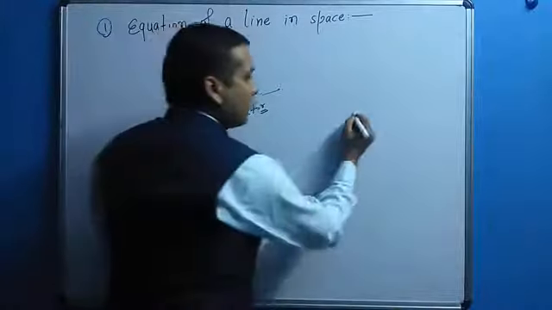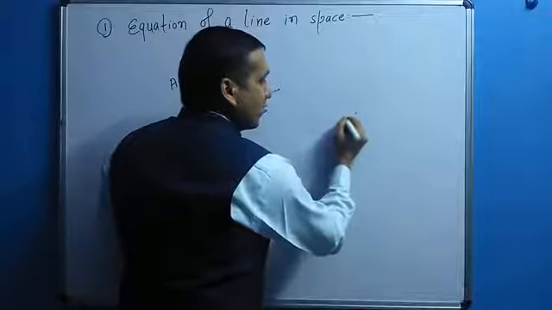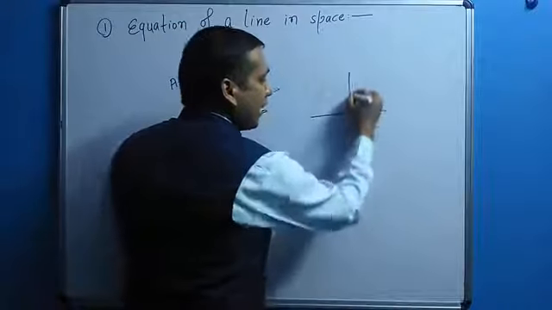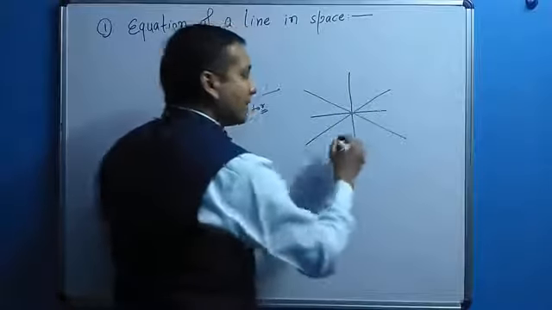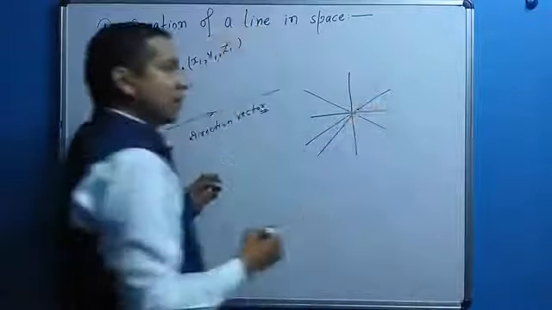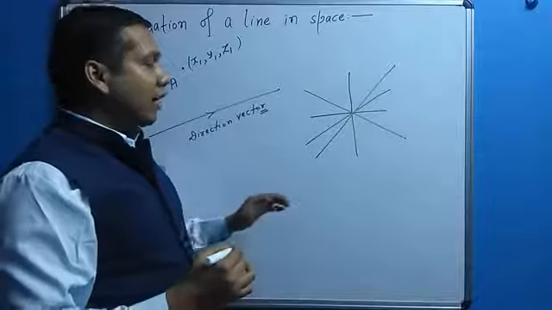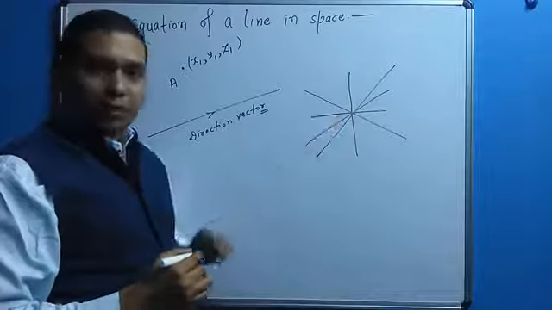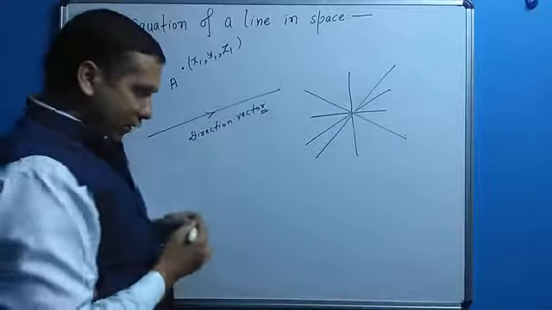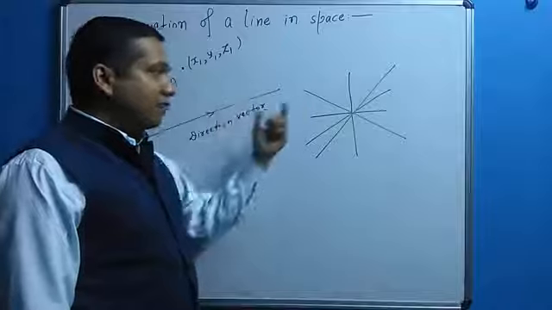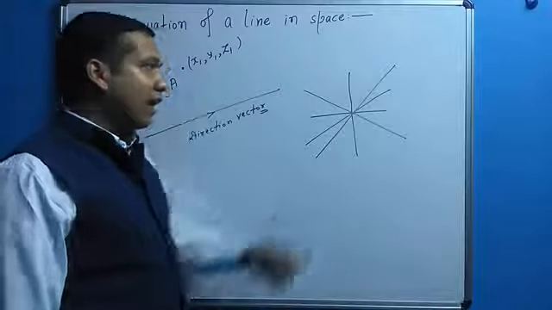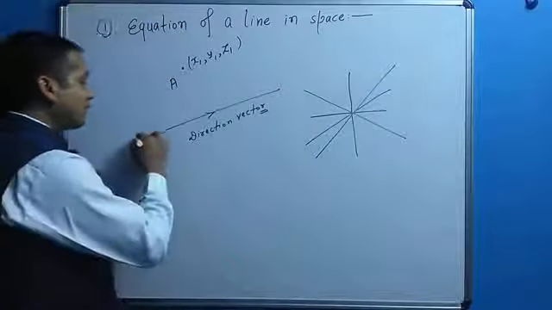Because we know that infinite number of lines can be passed through a given point. So to find the equation of the desired line, we require a direction vector.